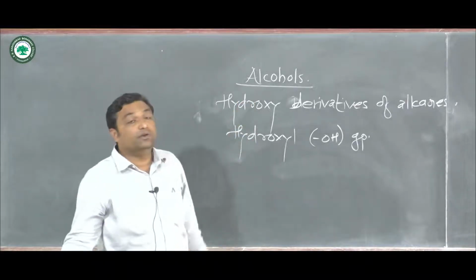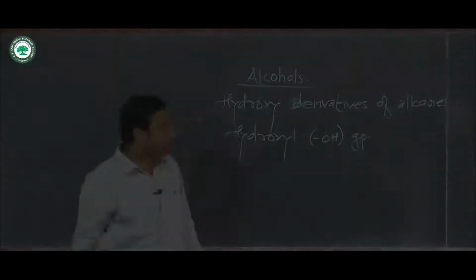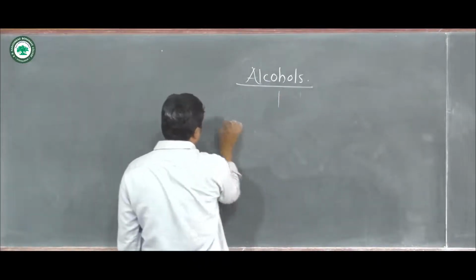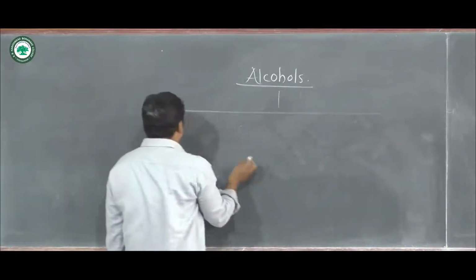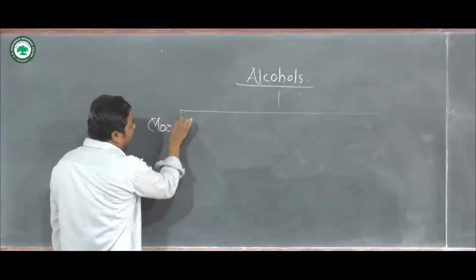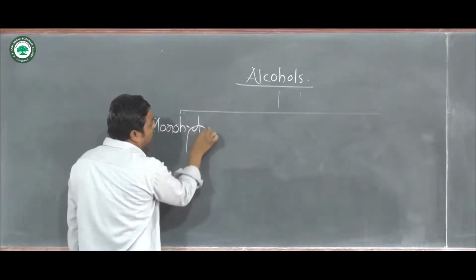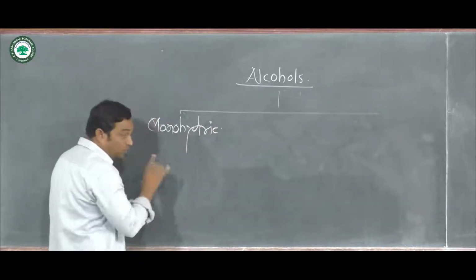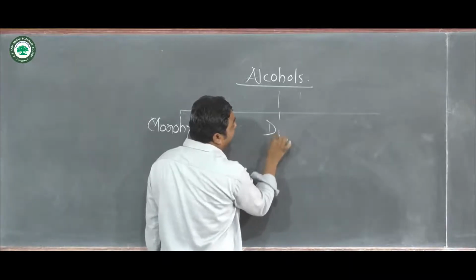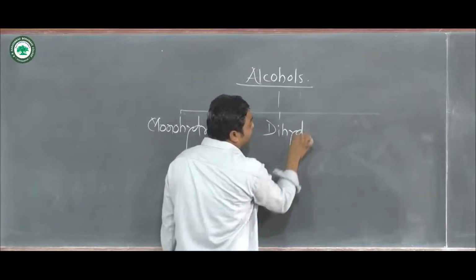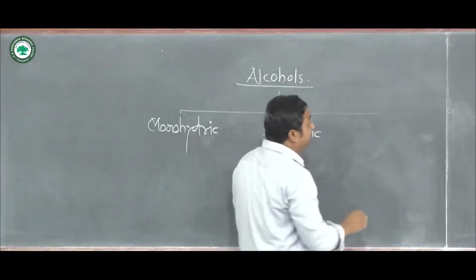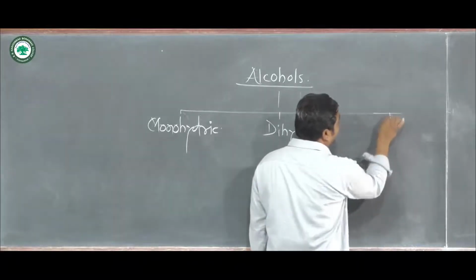So, these alcohols are classified into the following types: monohydric alcohol, the second type is dihydric alcohol, the next type is trihydric alcohol.